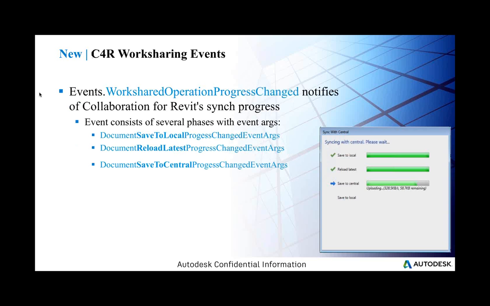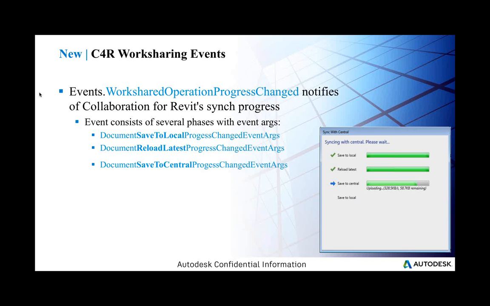There are new worksharing events to synchronize with the C4R, that stands for Collaboration for Revit. These are worksharing operation progress changed notifications, and this event consists of several phases with different event arguments.